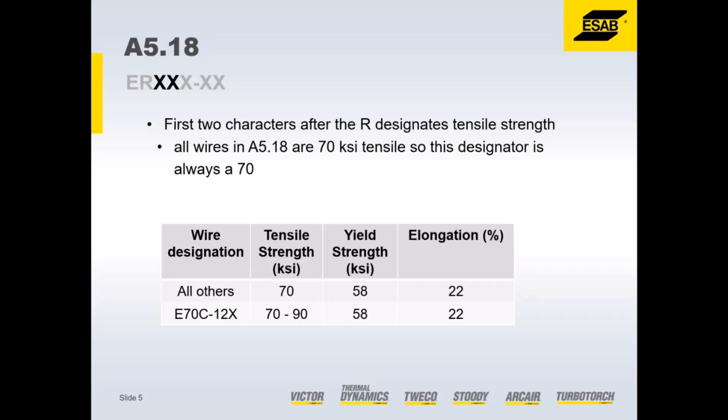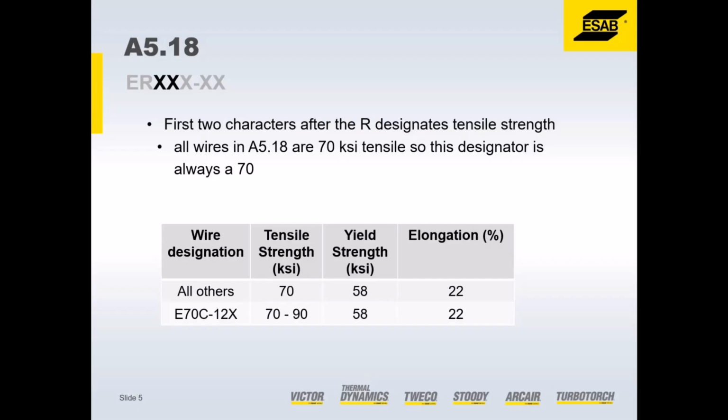So the electrode, it's carrying the electrical current for welding. The R is not carrying electrical current, so it's going to be TIG welding, or in some of the filler metal specifications, it may be gas welding. But when there's an R, it means it's not carrying the current. The E is it's carrying the current.